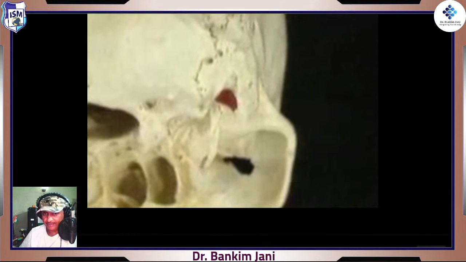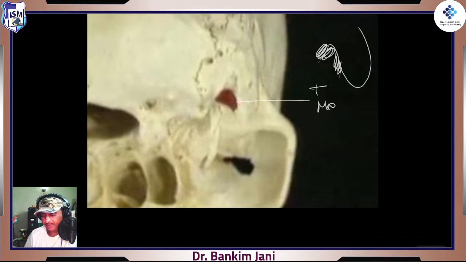Not only that, even the mastoid process. See, the mastoid process is like this and this. So it emerges from here, the notch, and the medial aspect. This is that aspect, this one. So plus medial aspect of mastoid process.